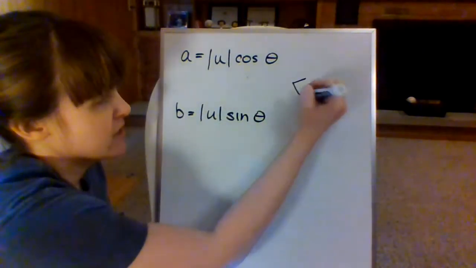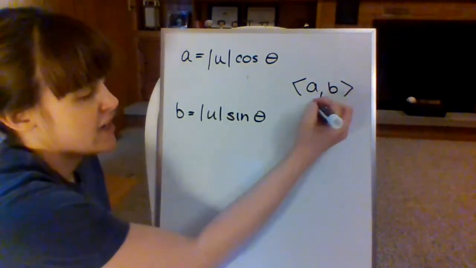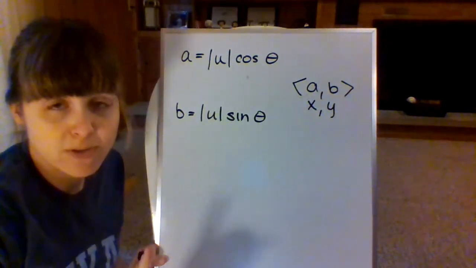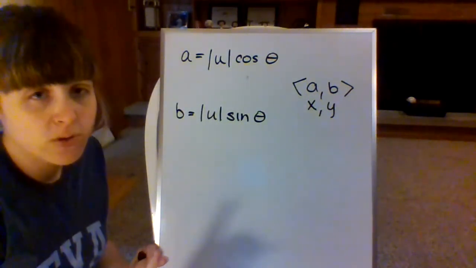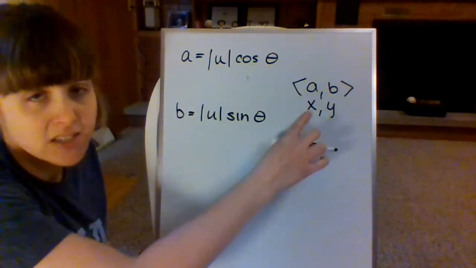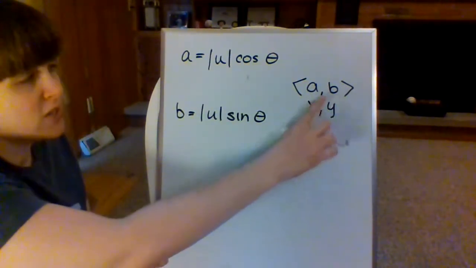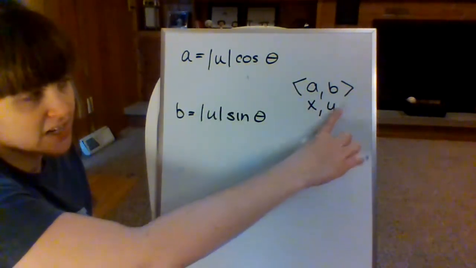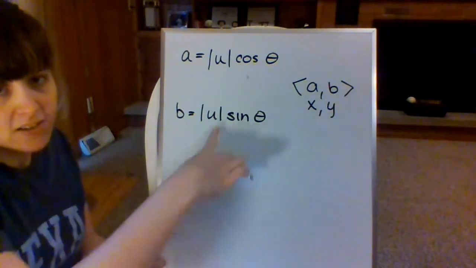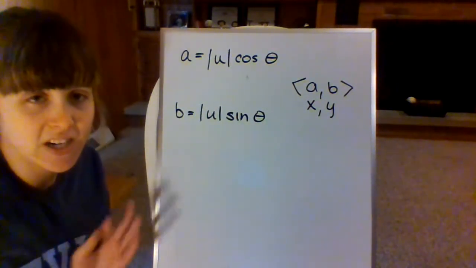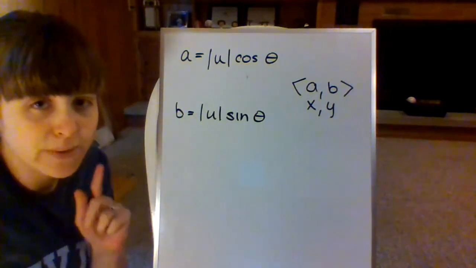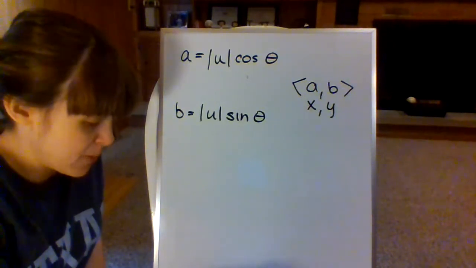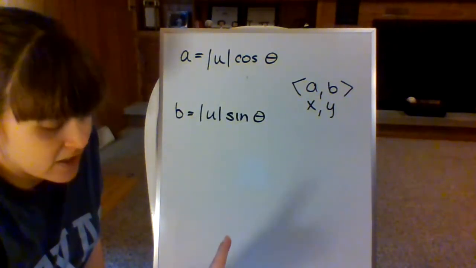So in your vector A, B, A is kind of like X, B is kind of like Y. And a long time ago when we first studied trigonometry, cosine went with X, sine went with Y. So here, cosine is going with A, and sine is going with B. And since A and B are being used instead of X and Y here, that kind of makes a little bit of sense.